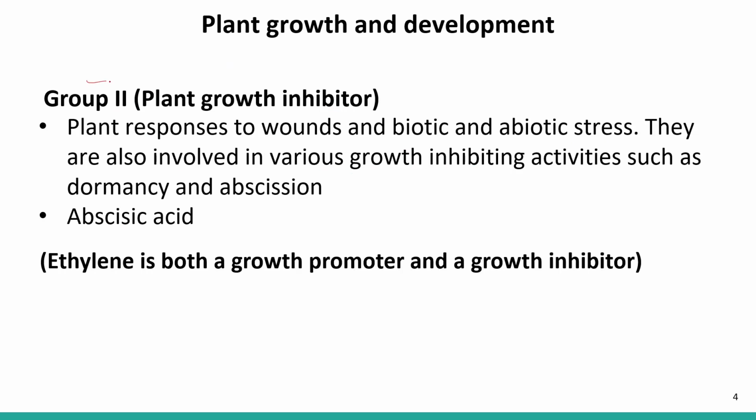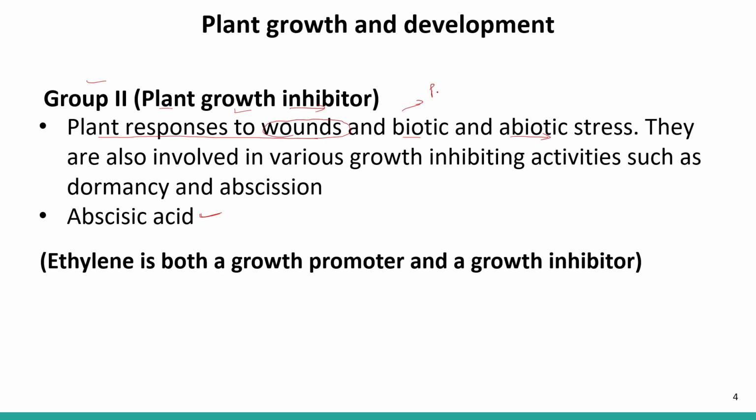Now group 2. Within group 2 is included the plant growth inhibitor. Example of a plant growth inhibitor is abscisic acid. So abscisic acid is a plant growth inhibitor. And what is the role of this, or where is it used? These hormones are involved in plant responses to wounds and biotic and abiotic stress.